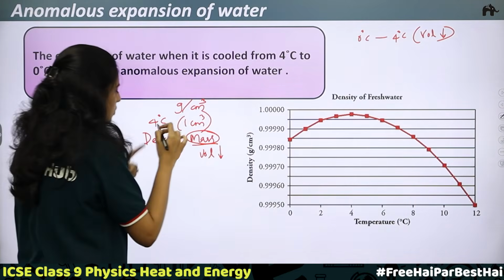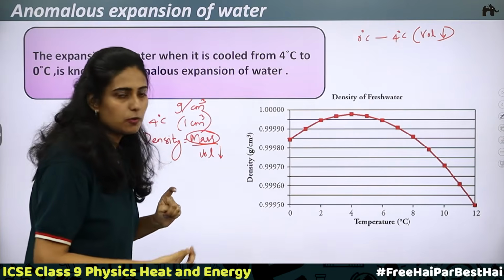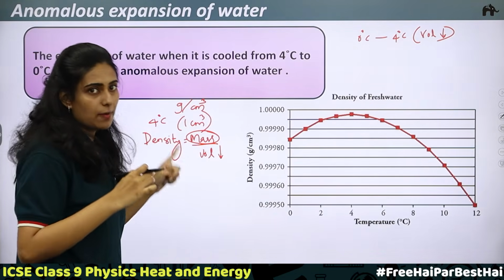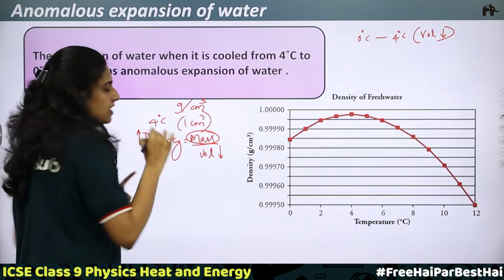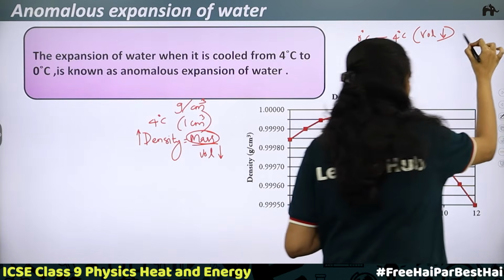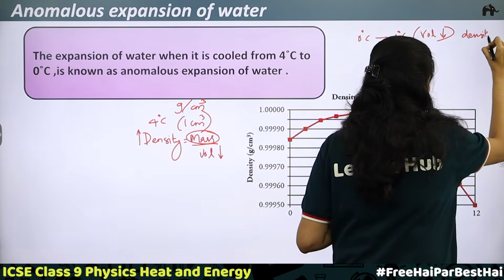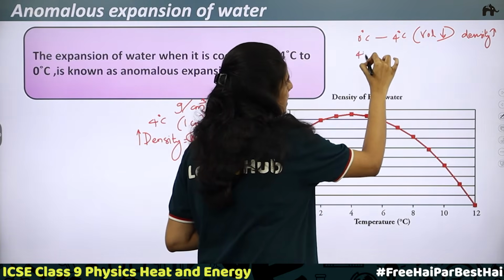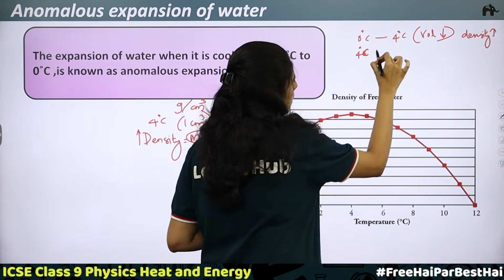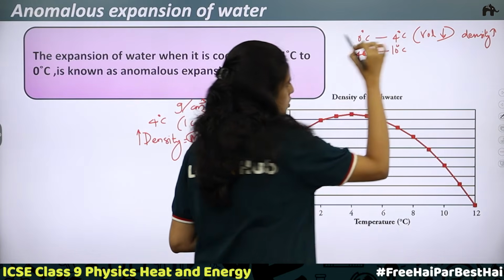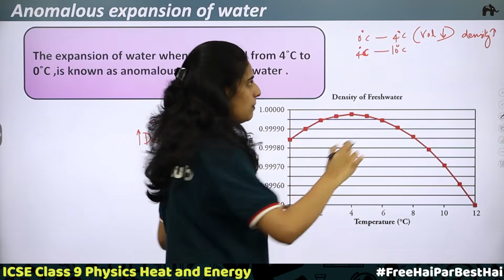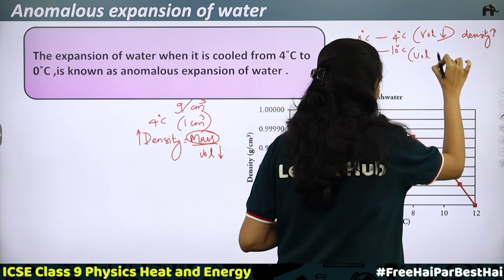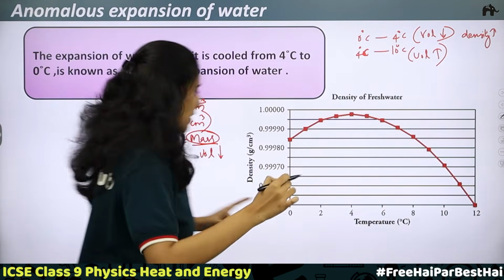We know that here you can see density and volume are inversely proportional. So, when volume decreases, what should happen to density? Density will increase. Next 4 degrees Celsius to 10 degrees Celsius. Normally what is happening? Expansion is happening, which means the volume is increasing. When volume is increasing, what will happen to density?